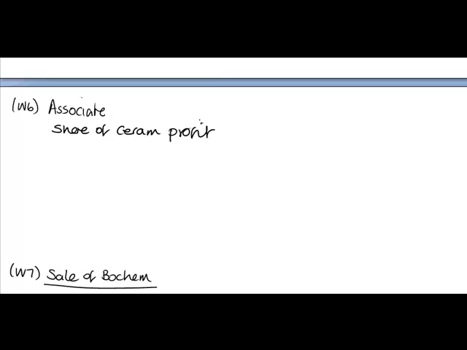What were profits for the year? Serum's profits were 14. It was an associate for 6 months.